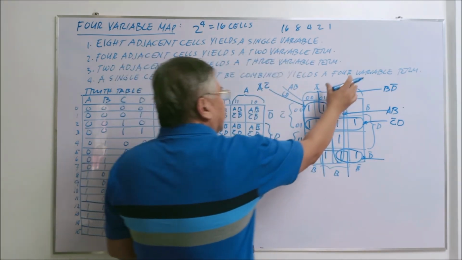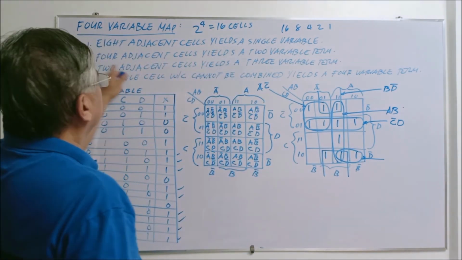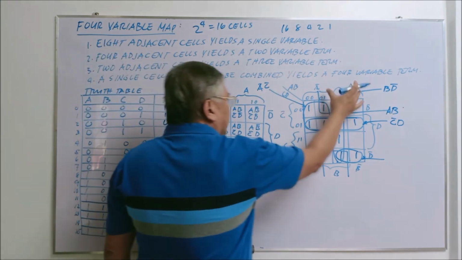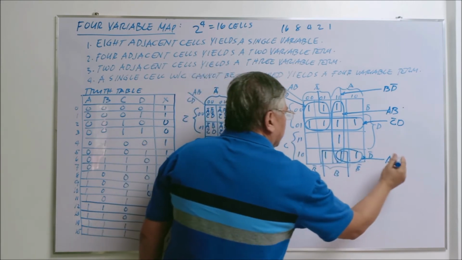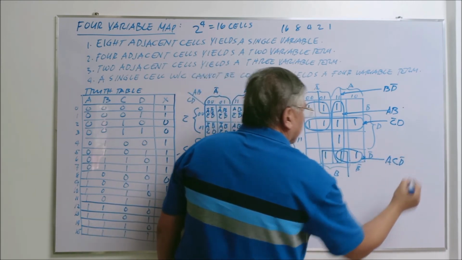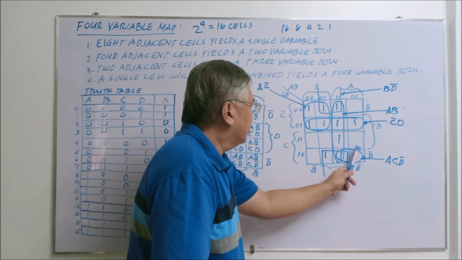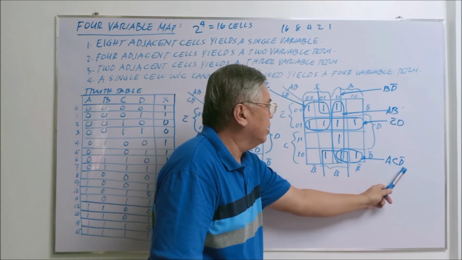Okay? And then this one here, you have 2 adjacent cells yields a 3 variable term. So you have A, C, and D bar. That is the intersection. This group is under A, C, and D bar.